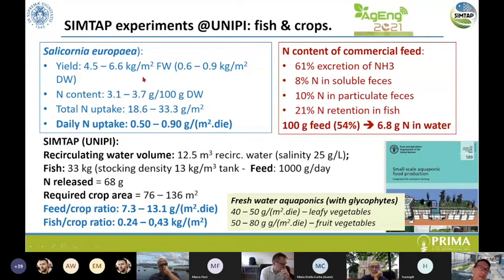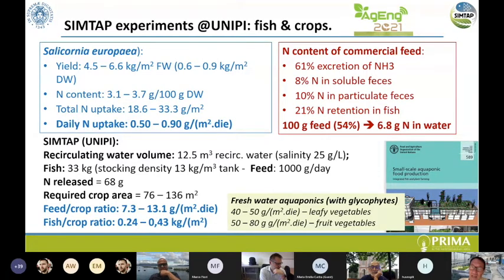And as you can see, it can reach up to, this is the total grams per square meter, but in terms of daily nitrogen uptake in our system it goes from 0.5 up to, let's say, 1 gram per square meter per day.